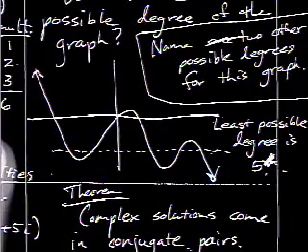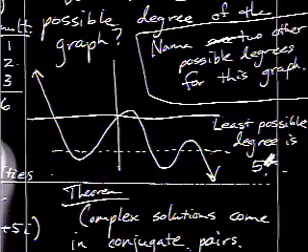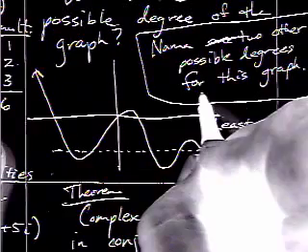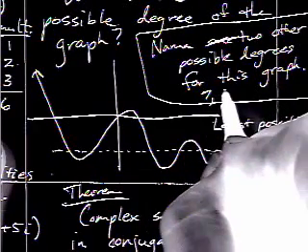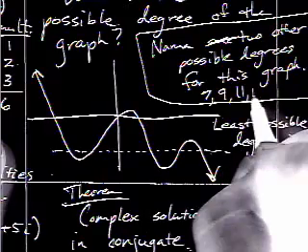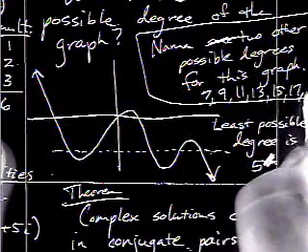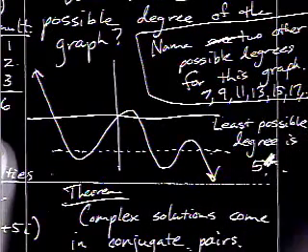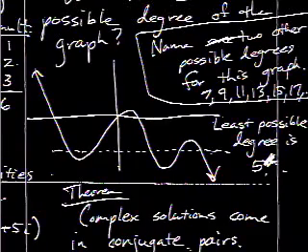Well, you know it has to be bigger than 5, because 5 is the smallest. And if the other solutions are complex, they have to come in pairs according to that theorem. I could have 7 or 9 or 11 or 13 or 15 or 17, and so on, because they only have to be increasing by 2 since the complex conjugates come in pairs.